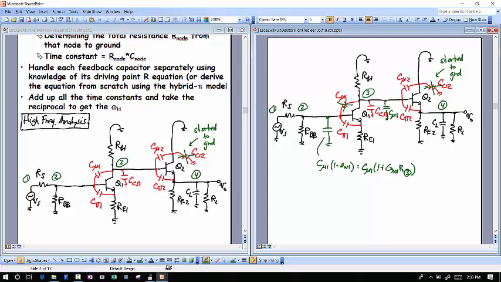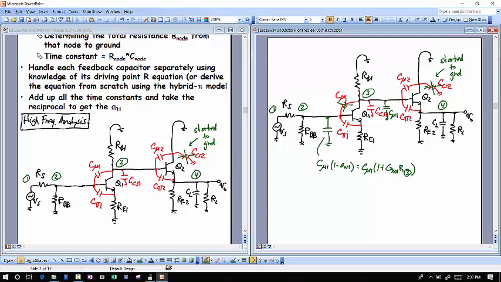Why is it shorted to ground? Because this is a short up here. Can you see where I'm pointing? This right here is a short. The other side of C mu 2 goes to that short, so there's no gain across that. I don't have to do any Miller or anything like that. It's just a capacitor shorted to ground. That makes it very easy to handle.